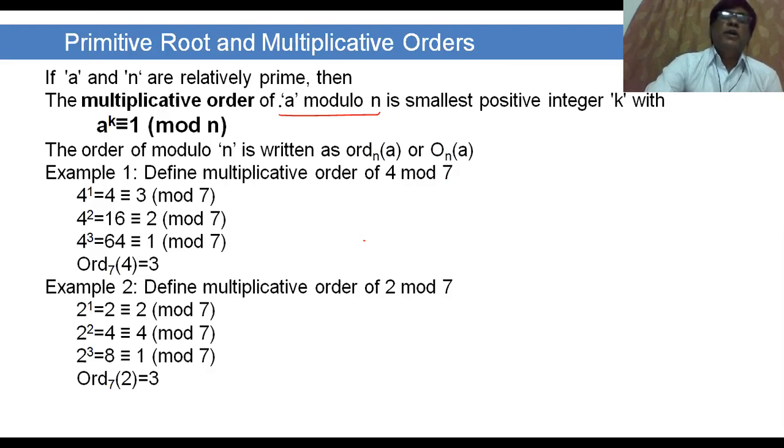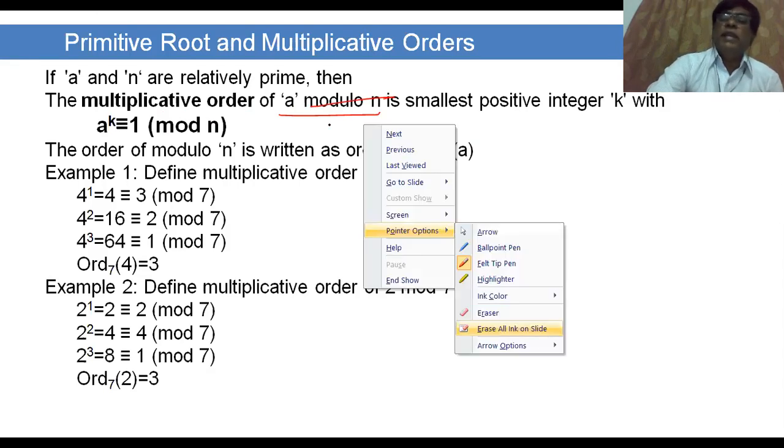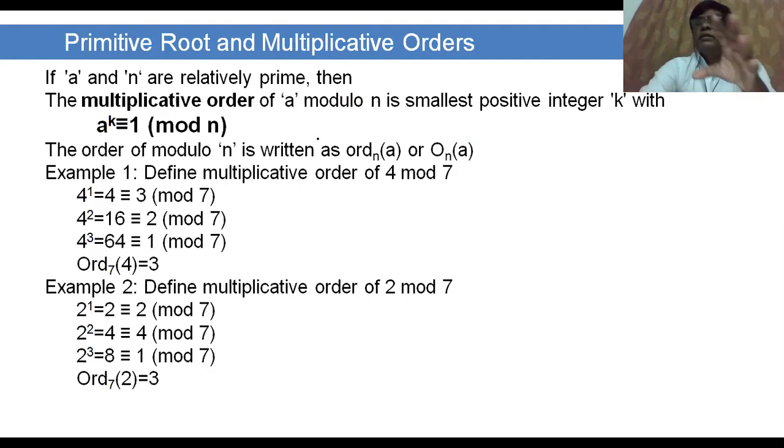So the multiplicative order of some number a modulo n, where a and n are coprime, is the smallest positive integer k with this relation: a power k is congruent to 1 modulo n.